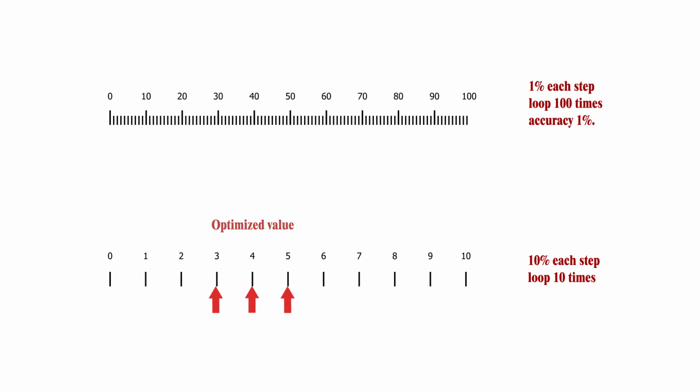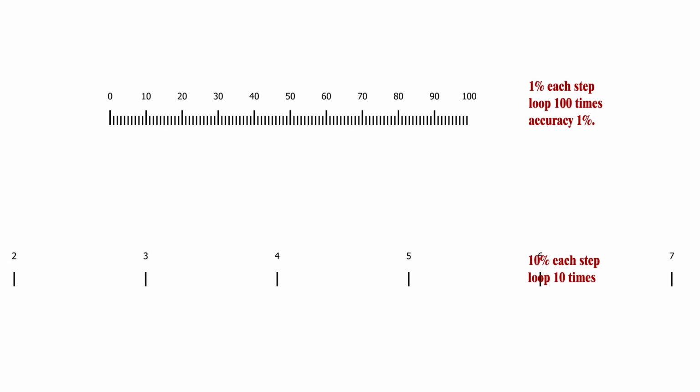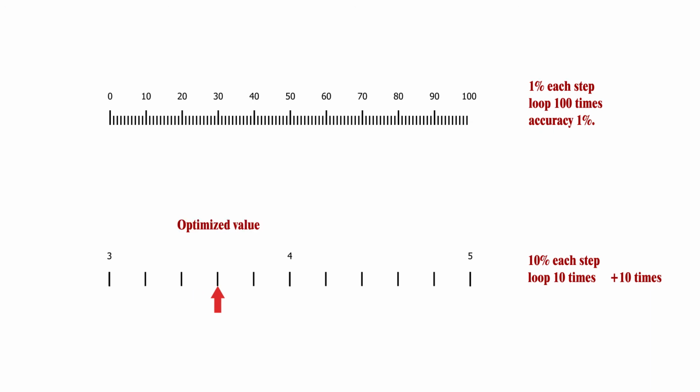So the program will recall itself to set the new start and end looping points to be the range's start and end point. And then divide the range by 10 and find the optimized value again. We can set how many times the program recalls itself to reach the accuracy we want. In this case, if the program recalls 2 times, it will loop a total of 30 times with accuracy 0.4%.